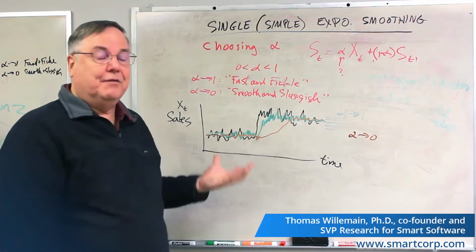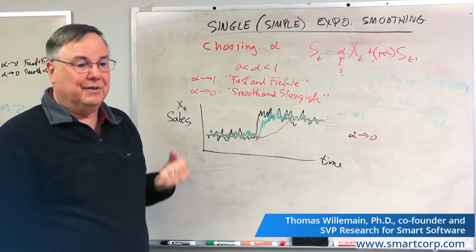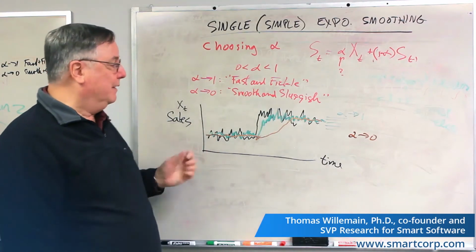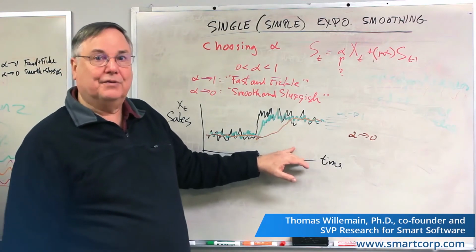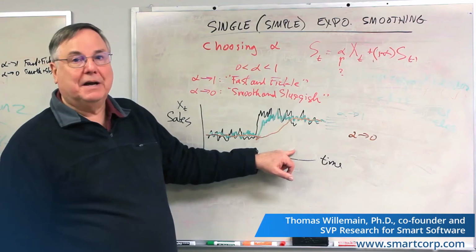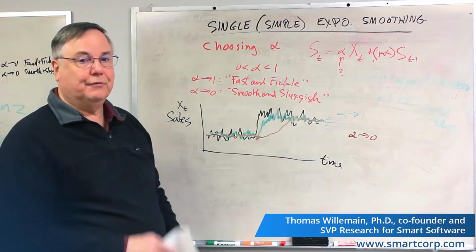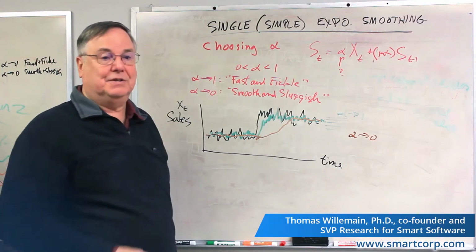You have to have a number, though, to do the calculations. And there is a way to think about the best alpha, and that's going to be the subject of a separate little tutorial talk where we talk about automatic forecasting and searching the possible values of alpha to get the ones that seem to forecast this item best.